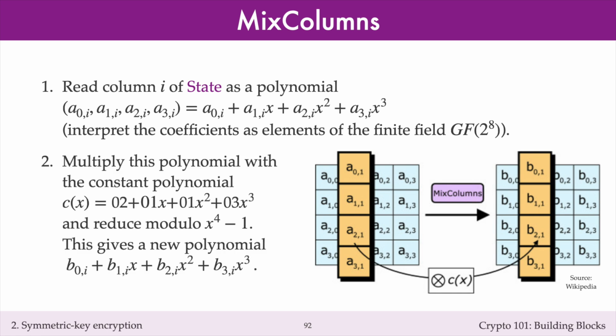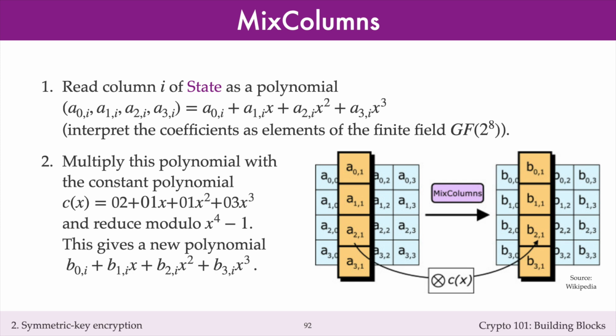We multiply the polynomial corresponding to a column of the state array by the fixed polynomial c(x), which is defined to be 03x^3 + 01x^2 + 01x + 02. Note that the coefficients of c are the bytes 02, 01, 01, 03, written here in hexadecimal, and so can be considered to be elements in GF(2^8).